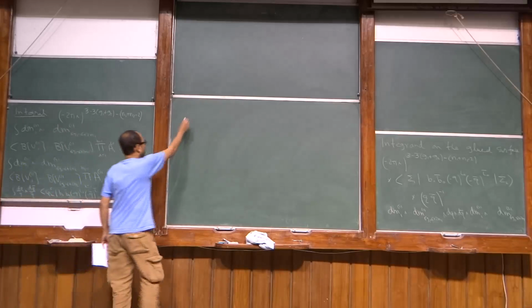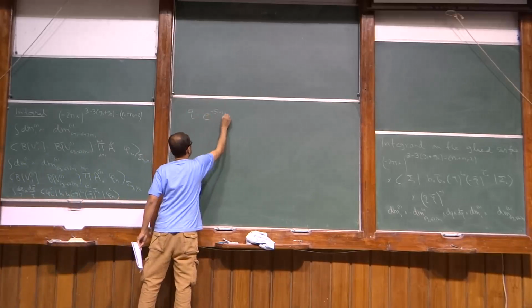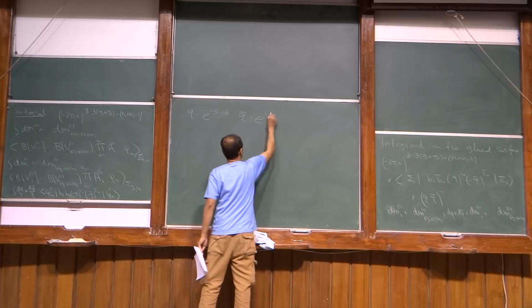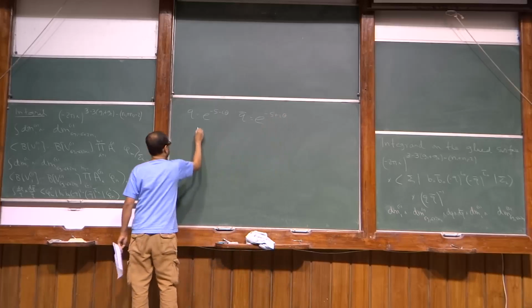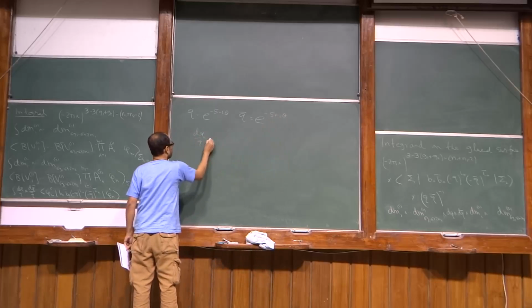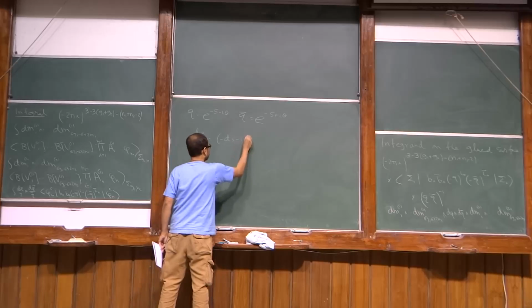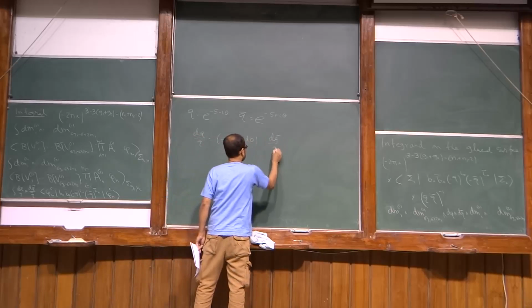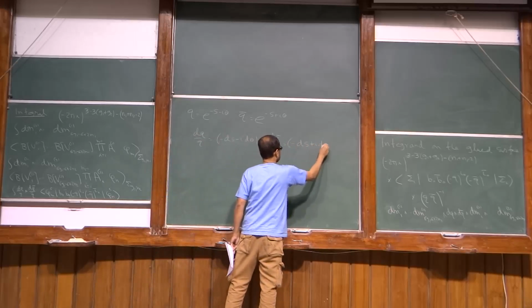So let's change variables. Let's set q as e to the minus s minus i theta, and q bar as e to the minus s plus i theta. Then dq by q becomes minus ds minus i d theta, and dq bar by q bar becomes minus ds plus i d theta.